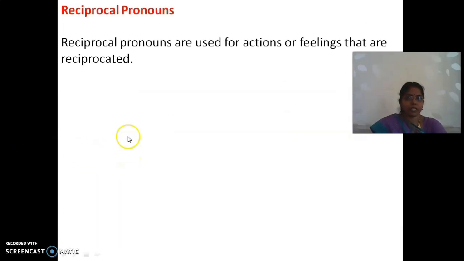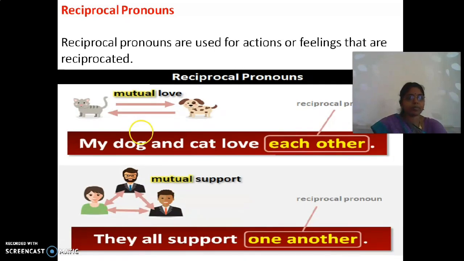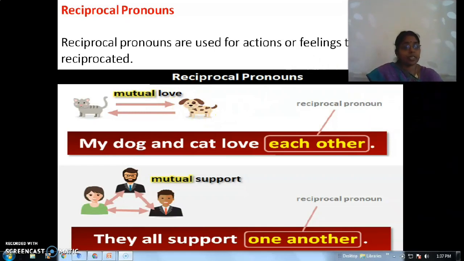Reciprocal pronouns. Reciprocal pronouns are used for actions or feelings that are reciprocated. Reciprocal, in maths, you could have remembered. What is that? Numerator and denominator you will change, isn't it? Numerator and denominator will be there in fractions, right?